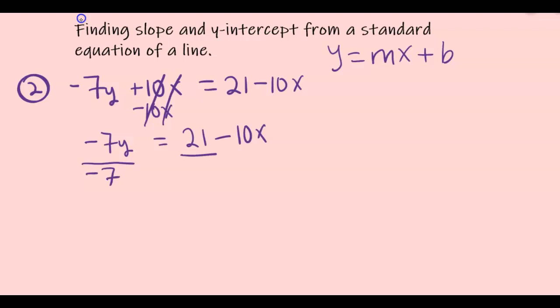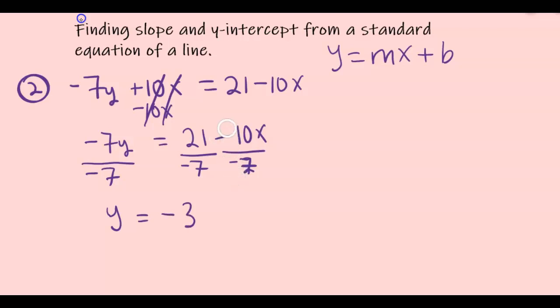We have to repeat the same thing here, and do the same thing here too. Okay, here it turns into 1, and that's what we are looking for, which we can write as y. And here 21 divided by negative 7, there is a negative over there, so the answer will be negative, and now we get negative 3.